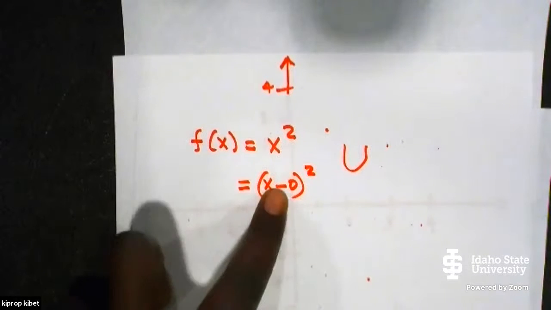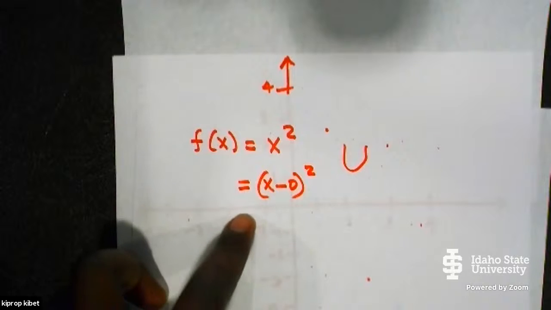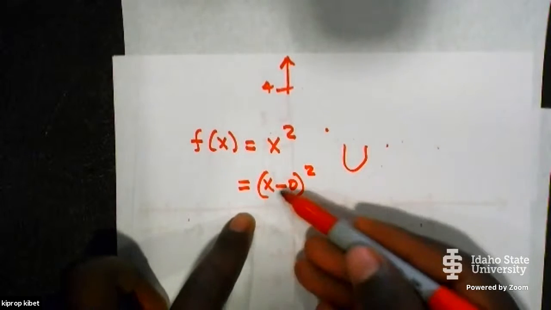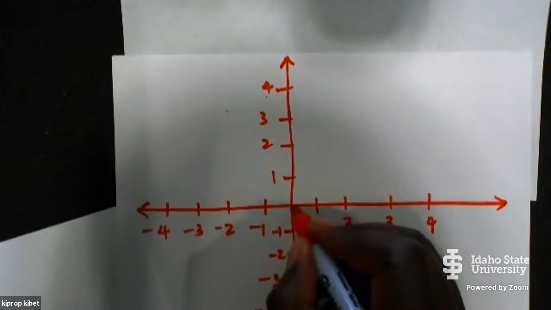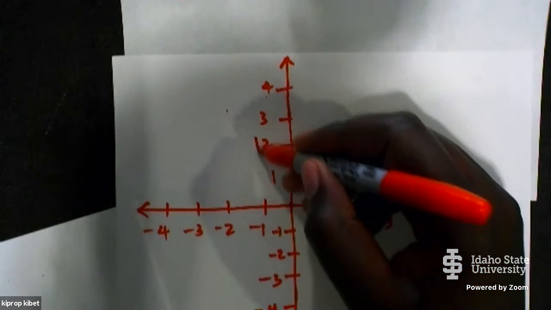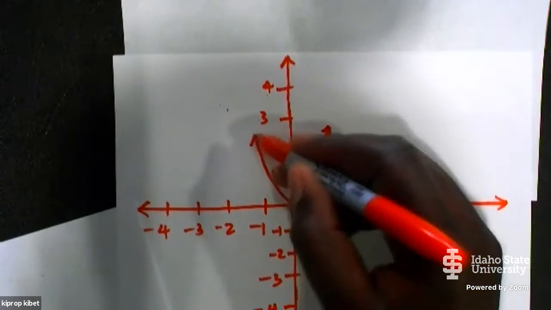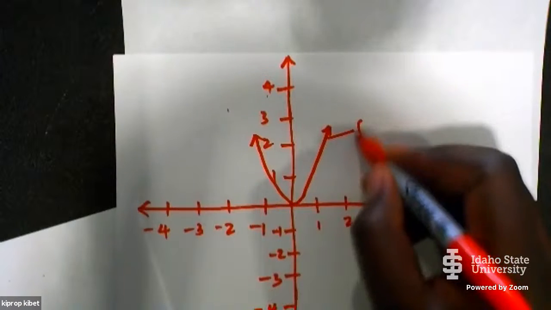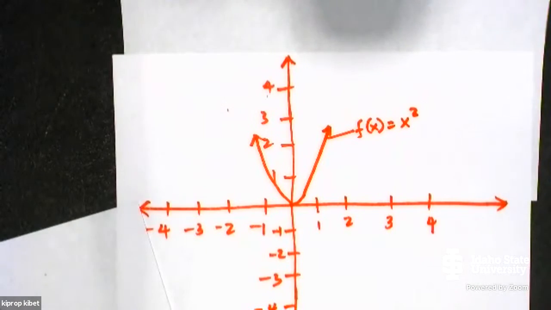So if you get the axis of symmetry and the vertex, our vertex here will be 0, 0. That means our vertex will be at this point, and our graph will look like this. So this is the function f of x equals x squared. Okay?